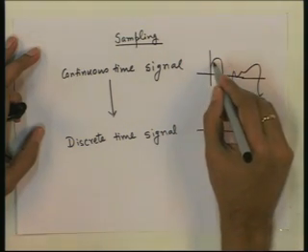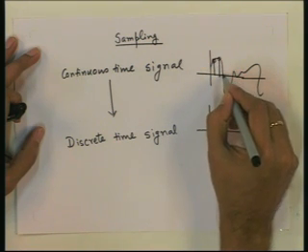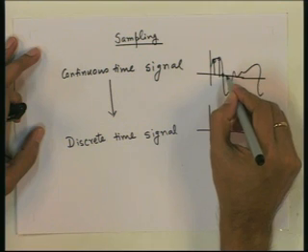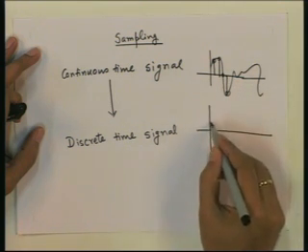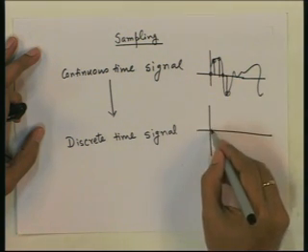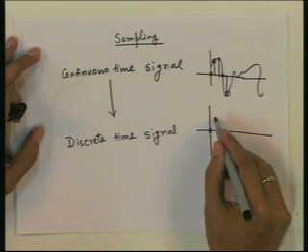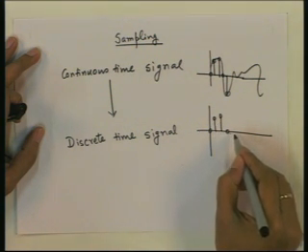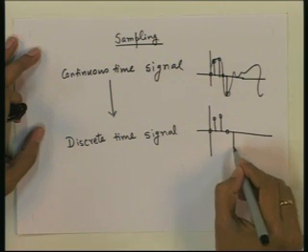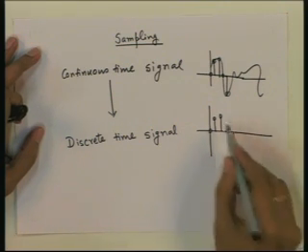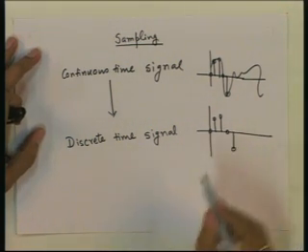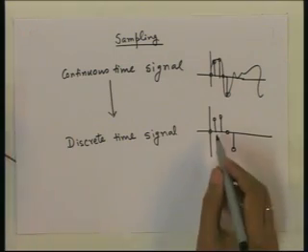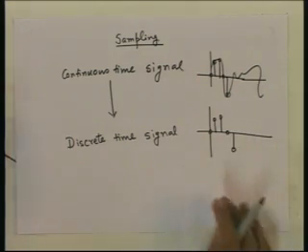So, we take at a regular interval, we take values like this, and we have a sequence of values. In between these sample values, there is no data in the signal. So, the time is discretized in this signal.